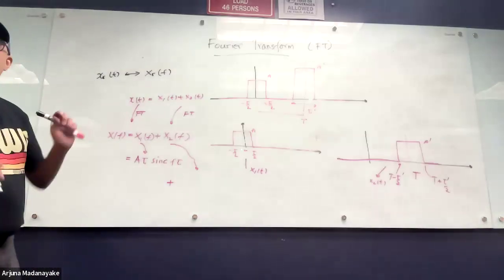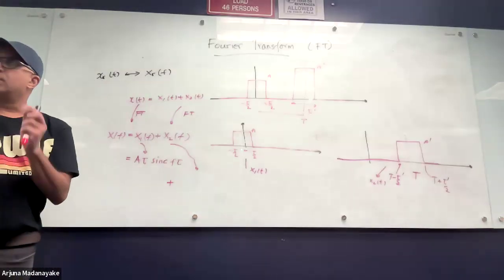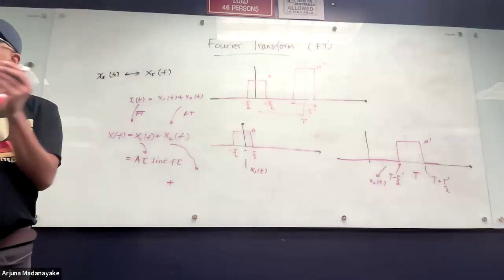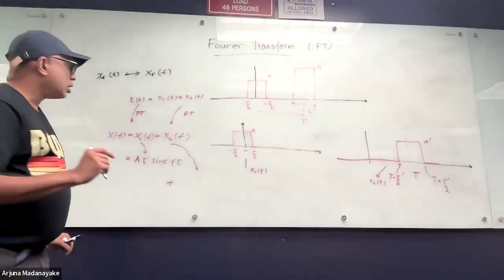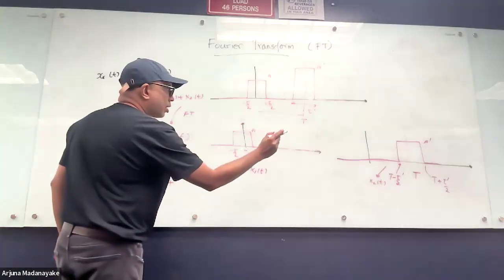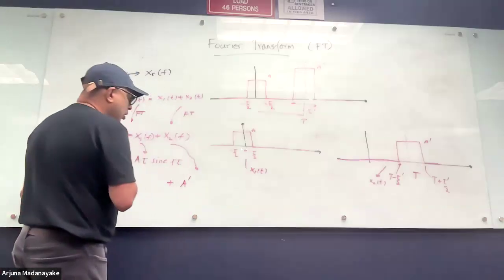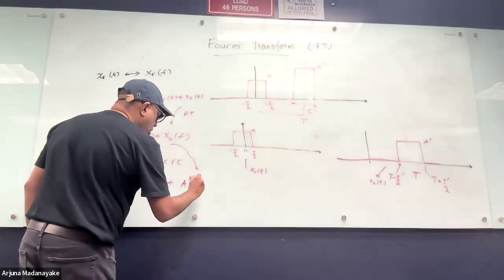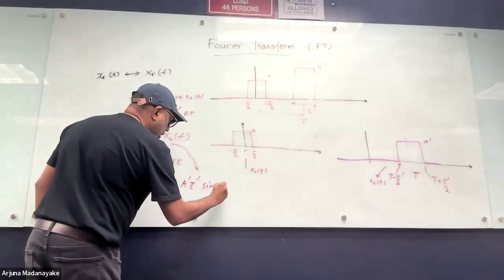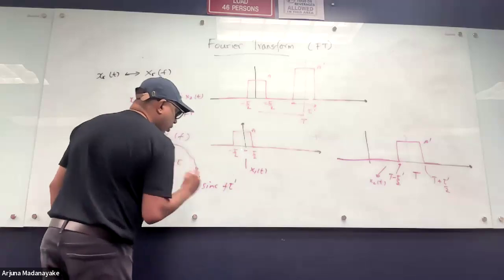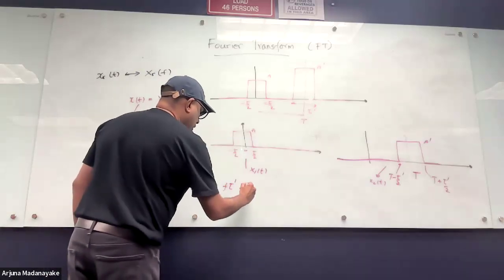Now, what has happened? Several things have happened. It's delayed, the height is different, and the duration is different. So we can take the different height into account by replacing A with A prime, and the duration with tau prime, giving A prime tau prime sinc f tau prime, and then we have the phase component.